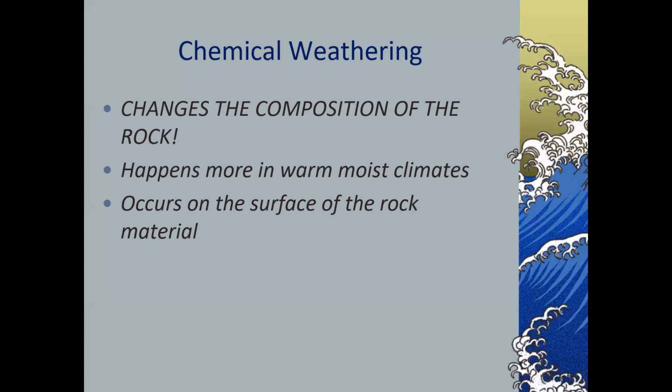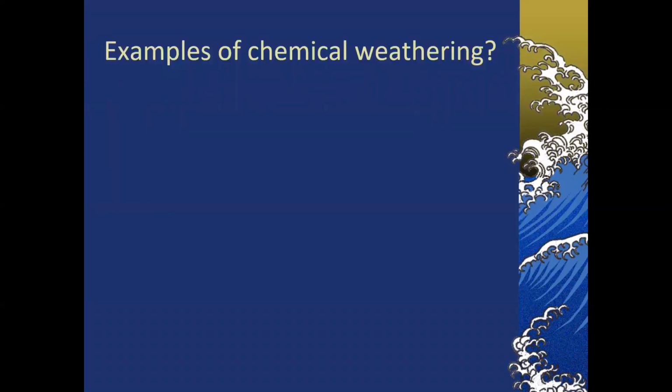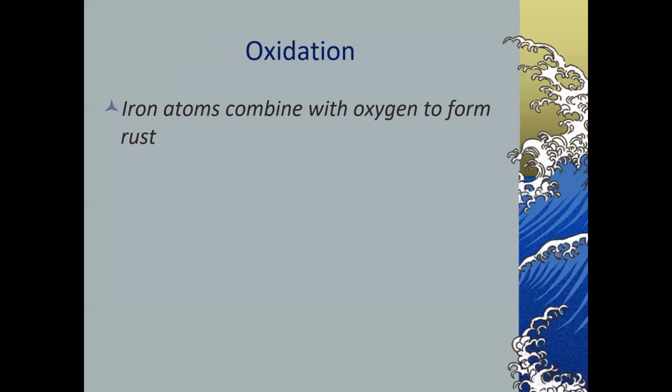All right, so just like physical weathering, we only have 3 types of chemical weathering. And the first one is oxidation. Hopefully when you hear the word oxidation, you hear oxygen in there. So oxidation is when iron atoms combine with oxygen to form rust.